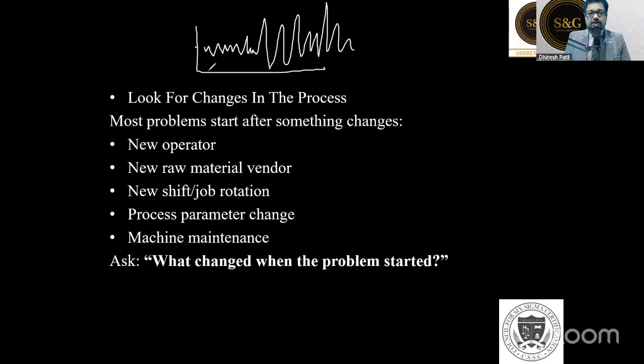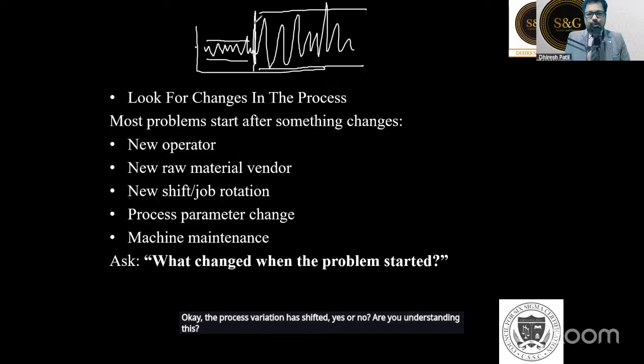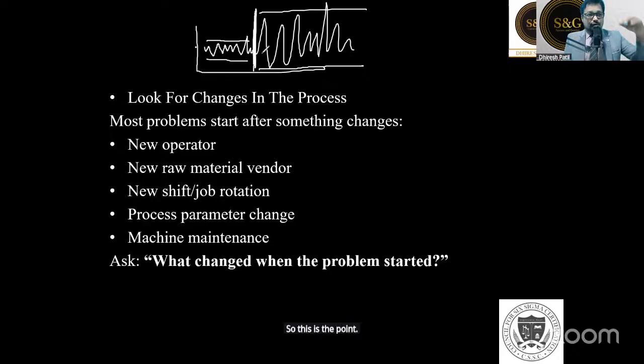What is your observation here? From this point, the process variation has shifted. Yes or no? Are you understanding this? So this is the point from where the variation has shifted. This is what you can see from the graph.